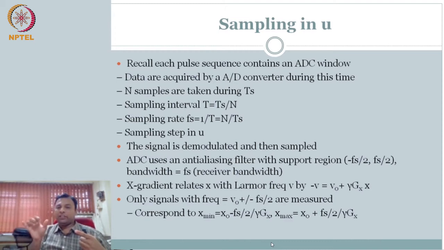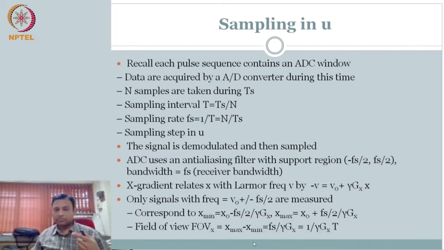If you call that the X direction, your image width is what? X max minus X min. The field of view in the X direction is X max minus X min, which, if you substitute this, is Fs by gamma Gx. This we know. What is this?